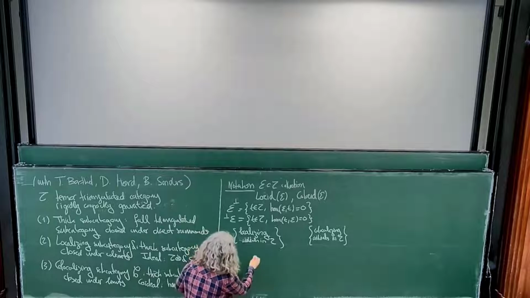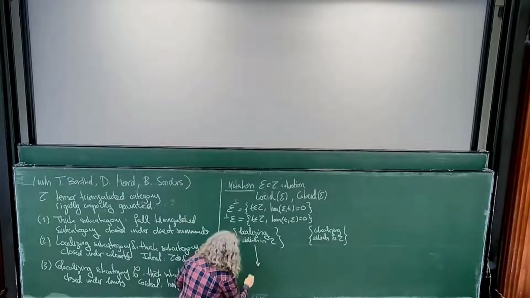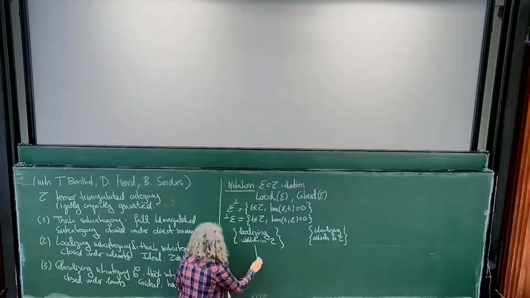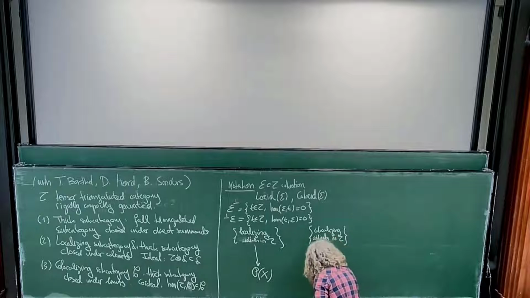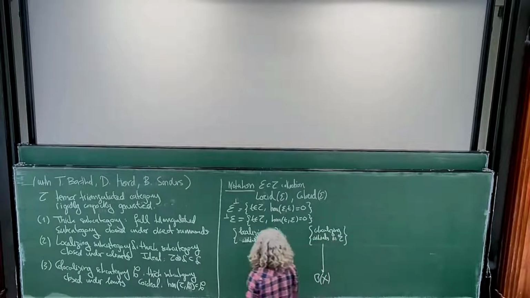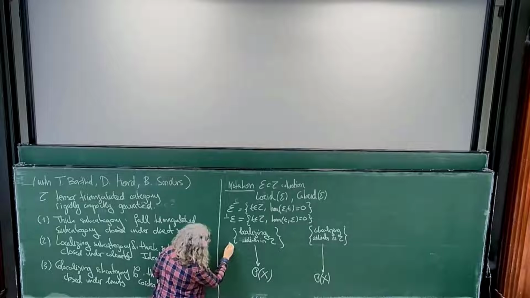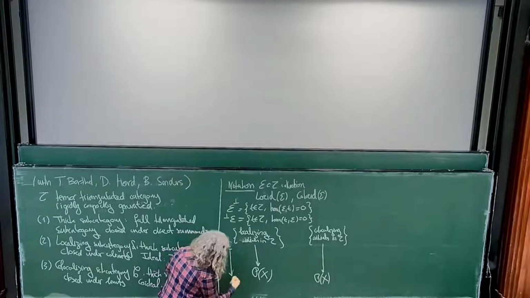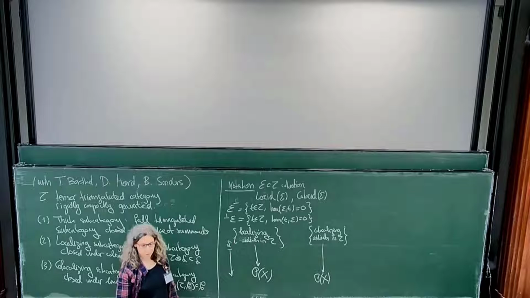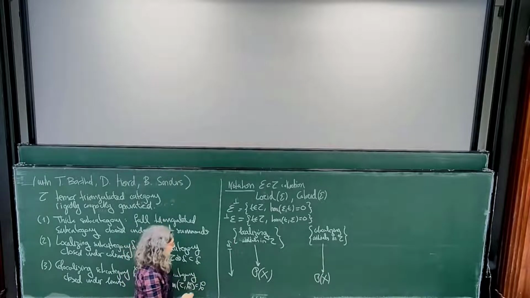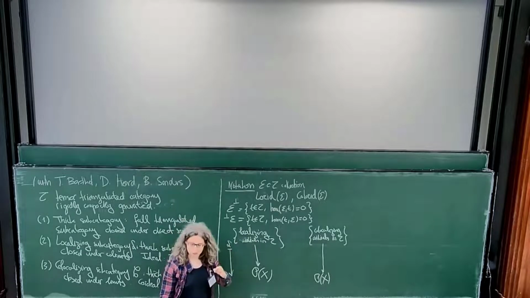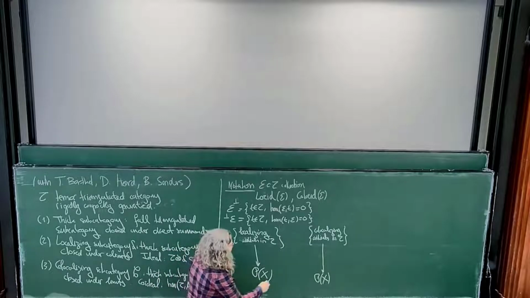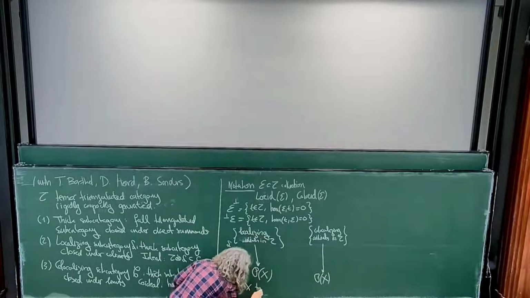The idea is to assign to each localizing ideal some subset of this parameter space, which we call the support of the localizing ideal, but which will be constructed at each object. For each object, we will assign some subset of X, and X is a topological space.